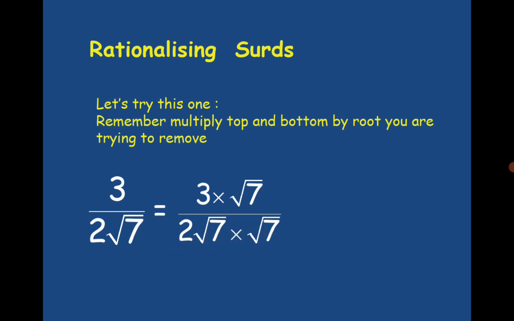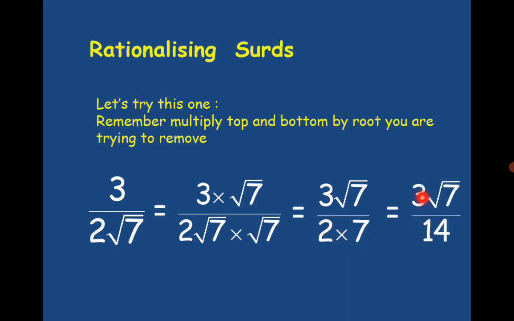Times 2, it will be 14. So we have 3 root 7 over 2 times 7. What's 2 times 7? So we have 3 root 7 over 14. What we've done here is called rationalizing the denominator. You should be able to do similar problems when given to you.